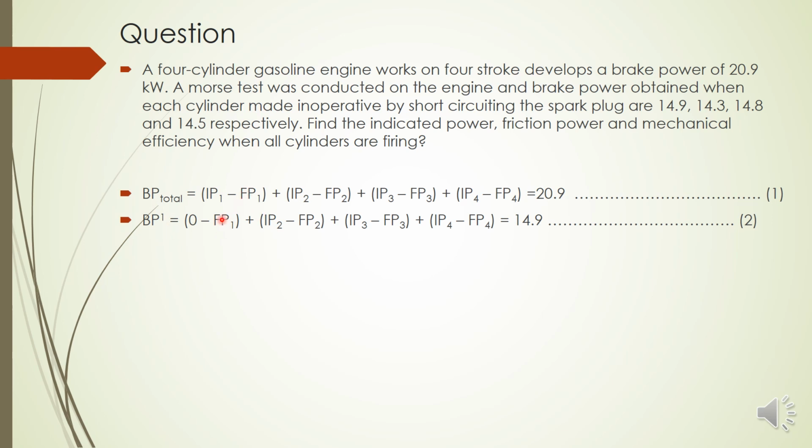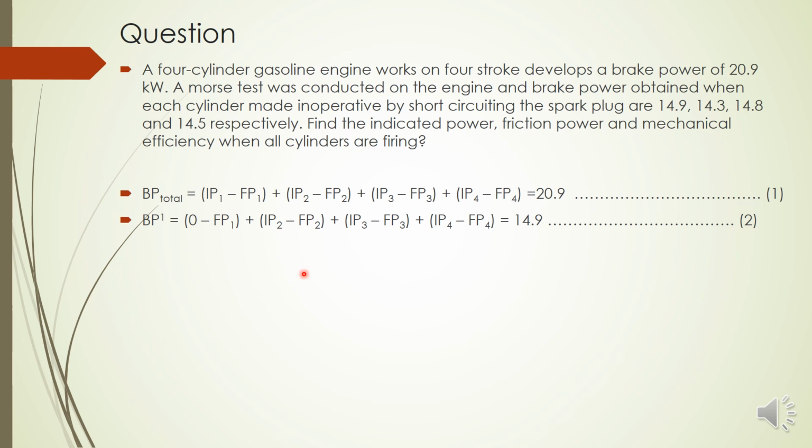When the first cylinder is cut off, IP1 will become 0, and all others will be the same. Friction power will remain in the first cylinder even though the indicated power is 0. The second, third and fourth cylinders have no change. So this is equal to 14.9. When the first cylinder is cut off or inoperative, the power is 14.9. That is equation number 2.